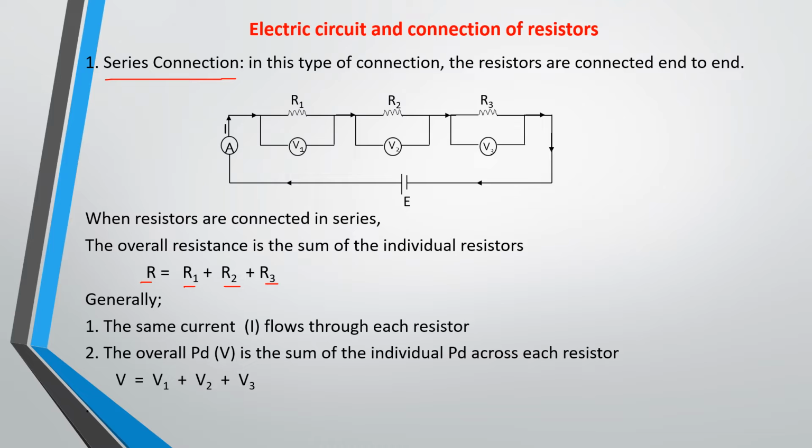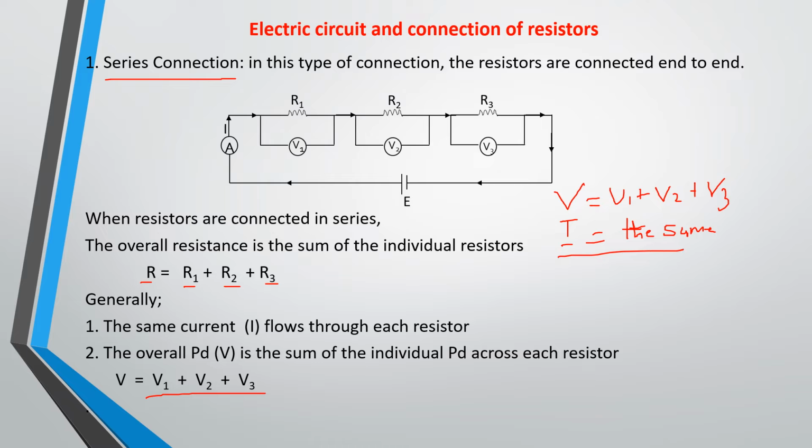Is that okay? And that is what I stated here. The overall voltage V is equal to V1 plus V2 plus V3 as the case may be, while the current is the same. There's no change in the current that is flowing. So this is what you should note.